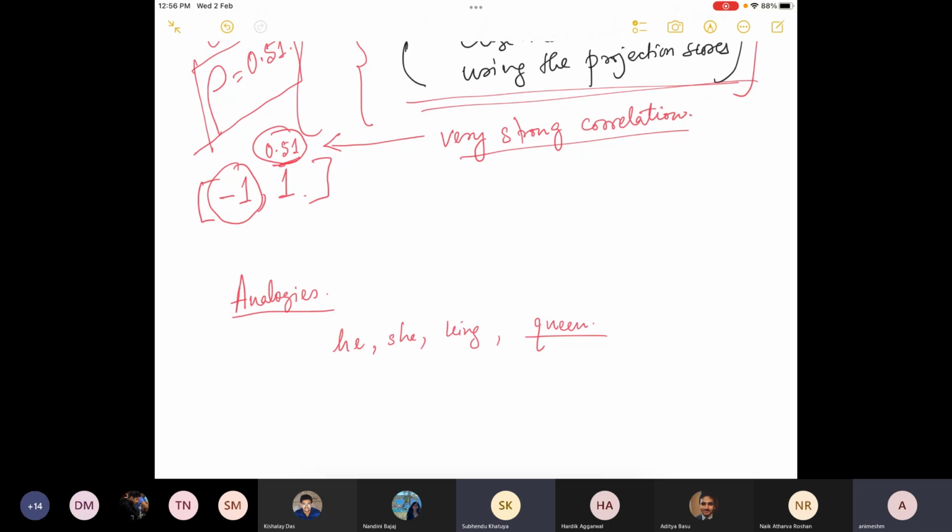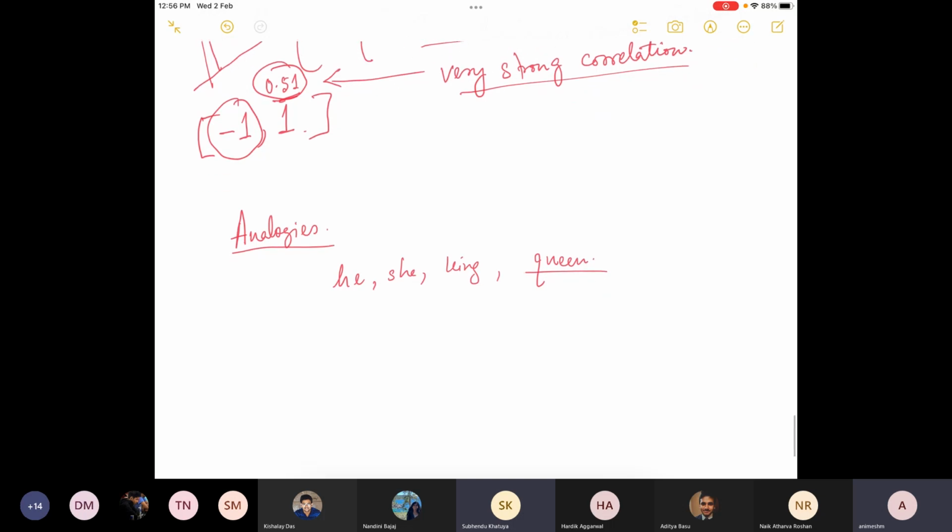This is an analogy problem, and it is required to be solved in many different downstream NLP applications. Here the authors try to solve an analogy problem which is slightly different from the general specification of the analogy problem.